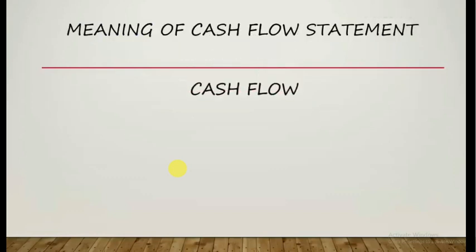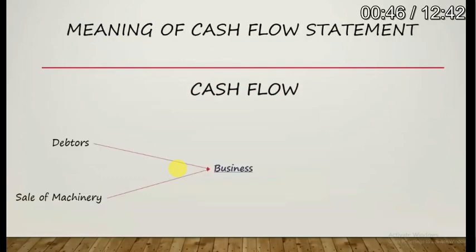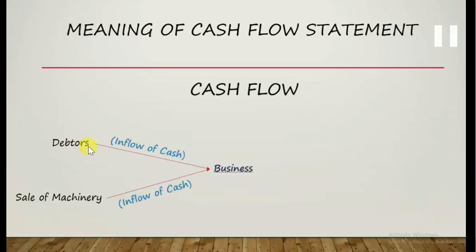We already talked about what it is, but in a quick view, in a business we either receive some cash, which is called a cash inflow, or we pay cash to the people to whom we need to pay it. The inflow of cash is sometimes received from the people called the debtors.